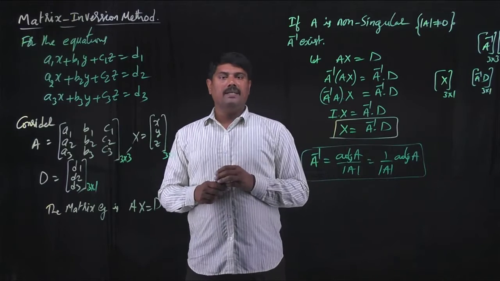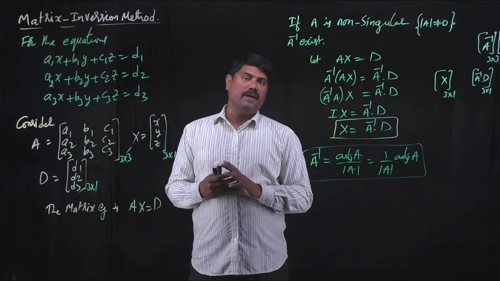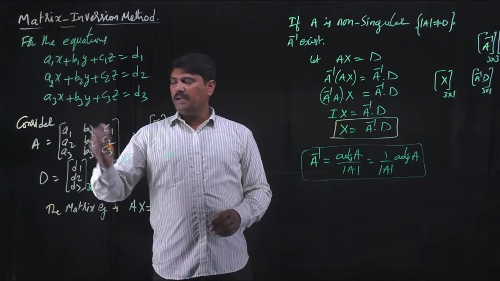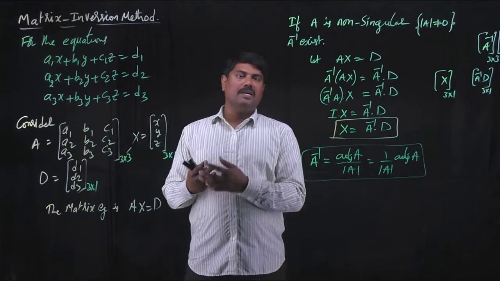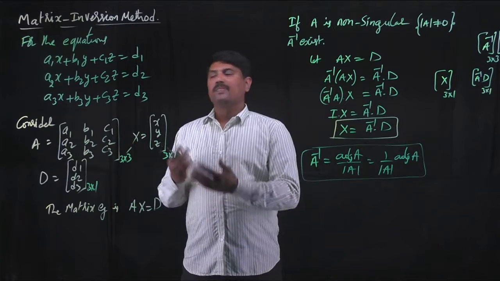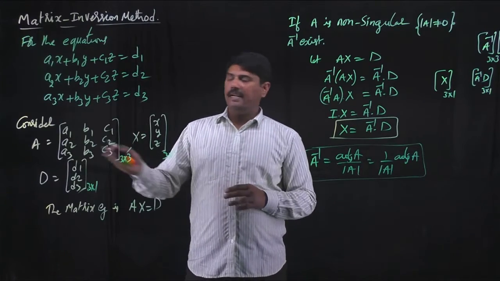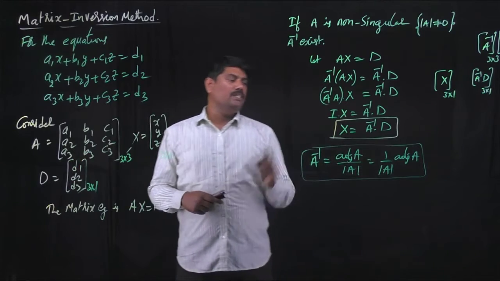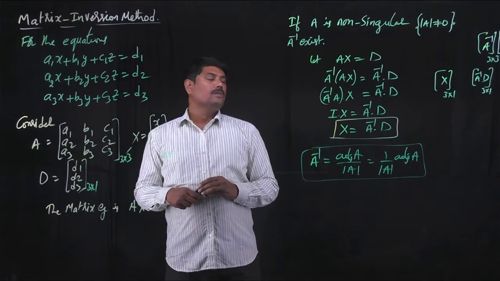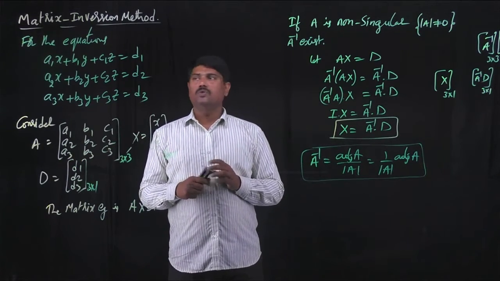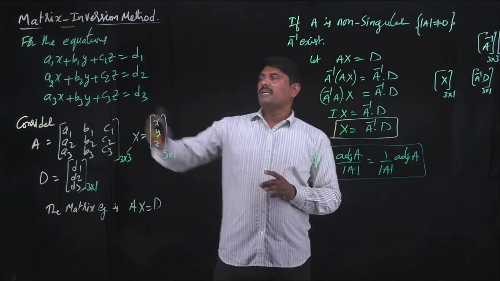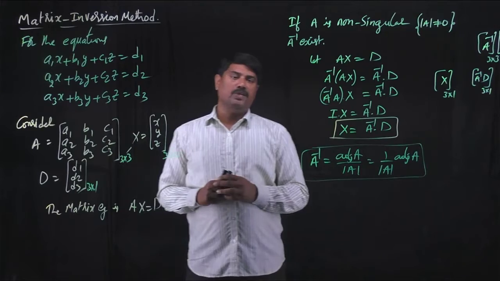Adjoint of the matrix is the transpose of the cofactors matrix. Every element of the coefficient matrix is replaced with its cofactor and then transposed. The matrix so obtained is said to be the adjoint of the matrix A, written as adj A. So this is how we can use the matrix inversion method to solve the given non-homogeneous equations.